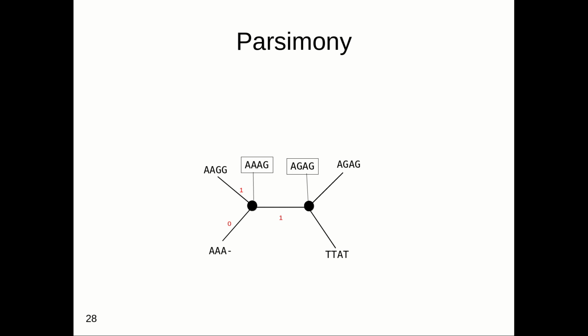Then going from one inner state to the other, we just have a mutation at the second position here. So A is going to G. And then those two sequences are identical, so we have 0 mutations.